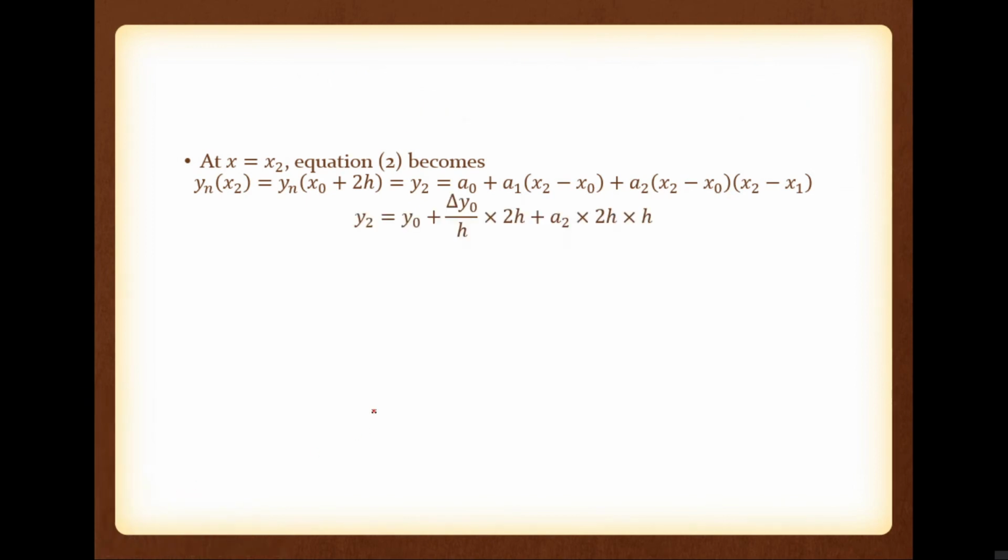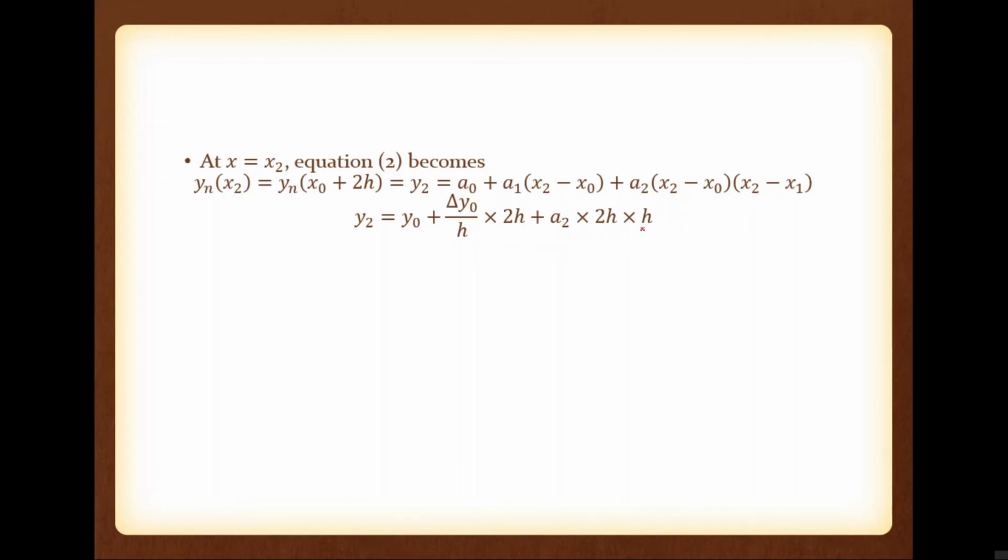So y2 equals, what is a0? a0 is y0 plus, what is a1? Delta y0 divided by h into 2h plus a2, that is unknown for the time being, a2 into 2h into h.